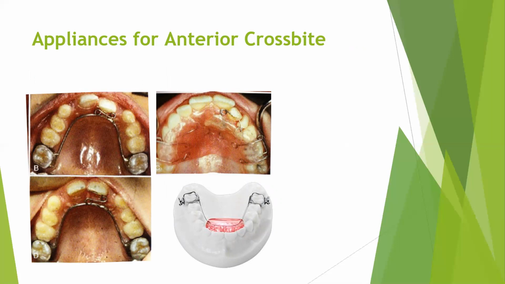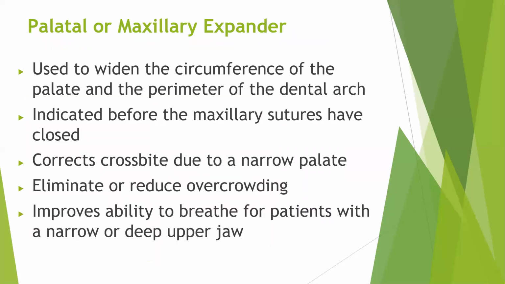And again, on D, it shows you the success of the fixed appliance from picture B. On the lower picture on the model, you have a bite plane. So that can be placed on the lower arch. So every time the teeth come together in occlusion, the upper teeth bite against that acrylic plane, pushing the tooth that is a crossbite forward.